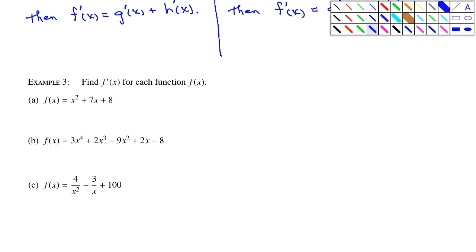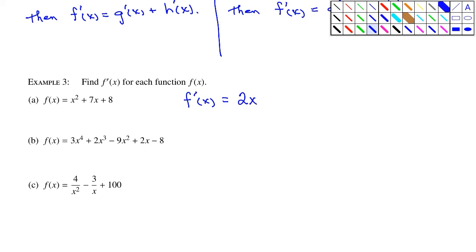Example 3. Find f prime of x for each function f of x. A, f of x is equal to x squared plus 7x plus 8. So we're just going to find the derivative of each of the three parts individually. The derivative of x squared is 2x.